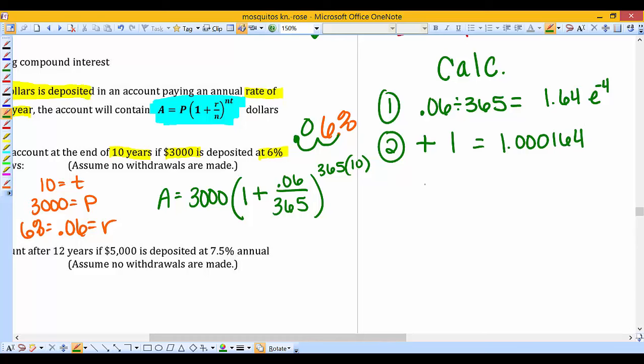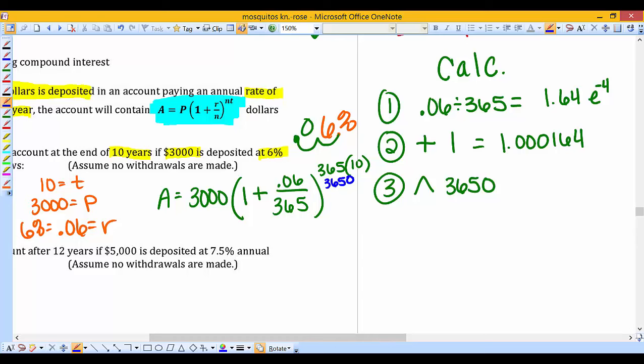Then, after parentheses comes your exponent. So my third step in my calculator is caret. So I hit caret. Then it's 3650. So that's why I needed this. 365 times 10 is 3,650.